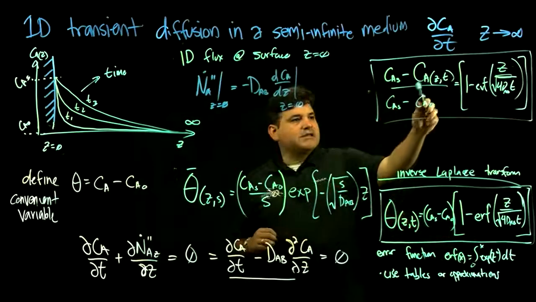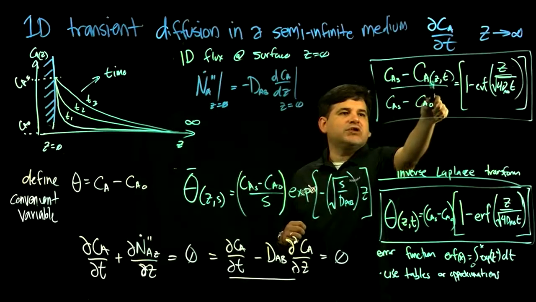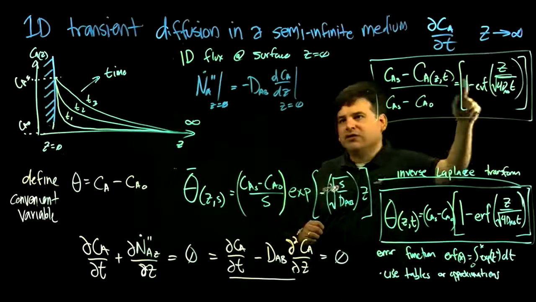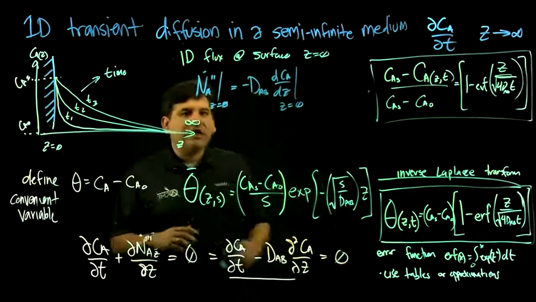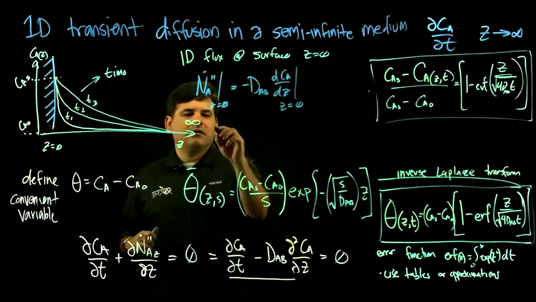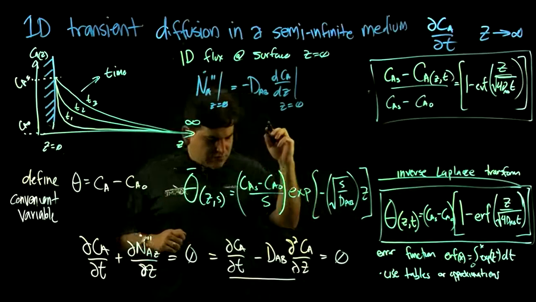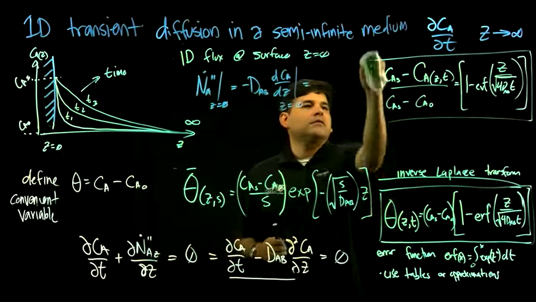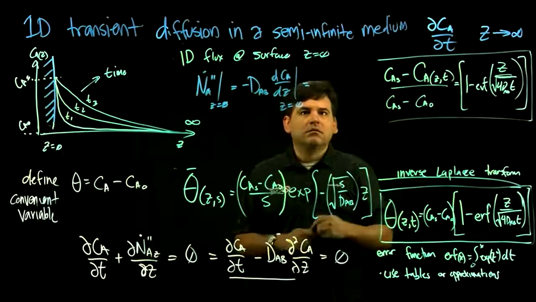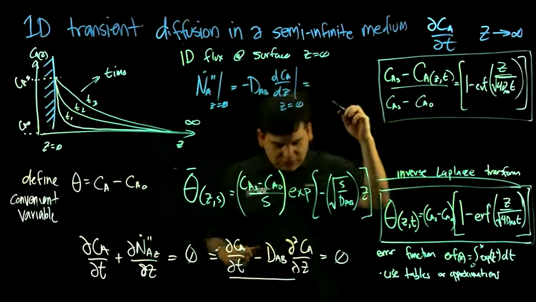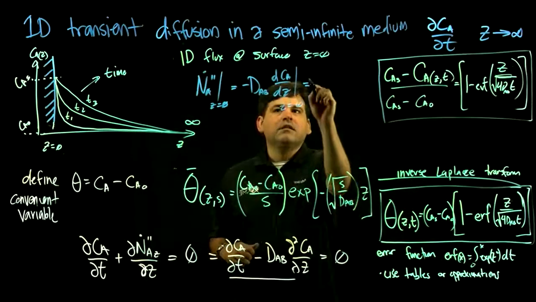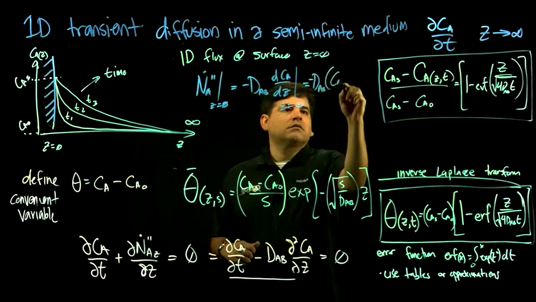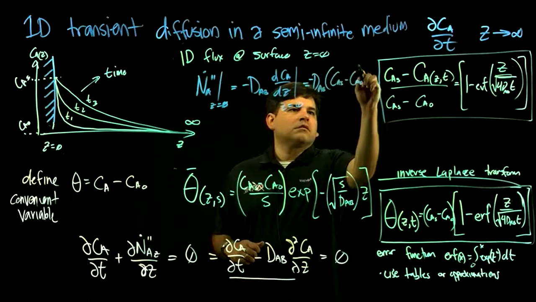Well, if we analyze this function here, this concentration, the derivative in z is based on the error function. If we take that derivative, what we would get is that this equals negative DAB times the difference here.